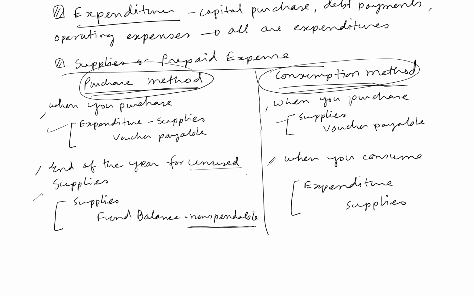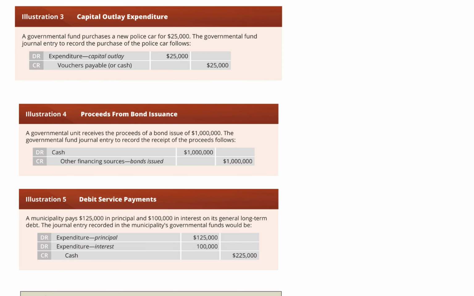Now we're going to do some quick concept check questions. A few journal entries on expenditures from your CPA materials. As we mentioned, all types of expenses, even for capital project spending, will be considered expenditures. For example, say they buy a police car.